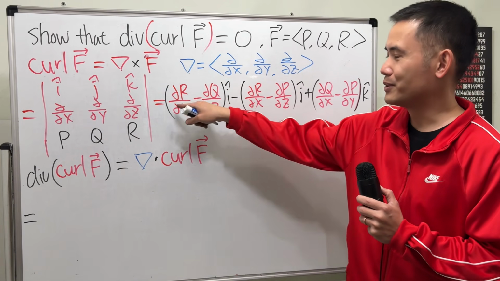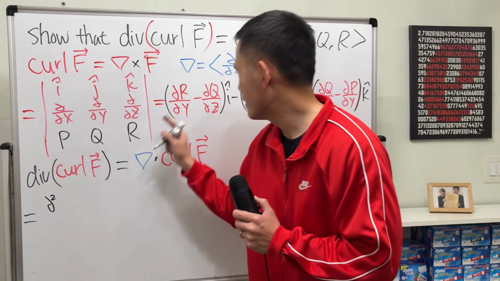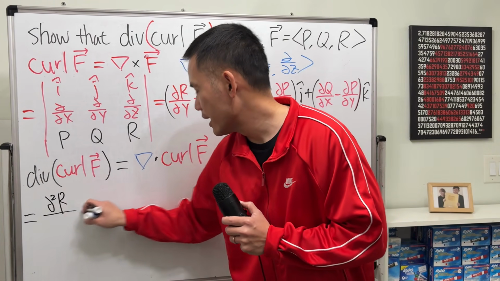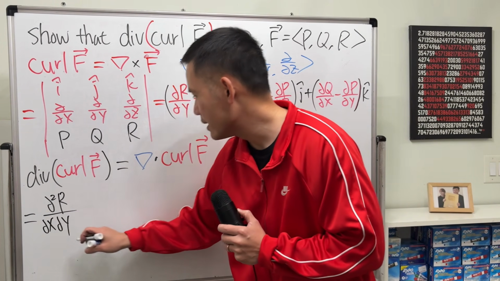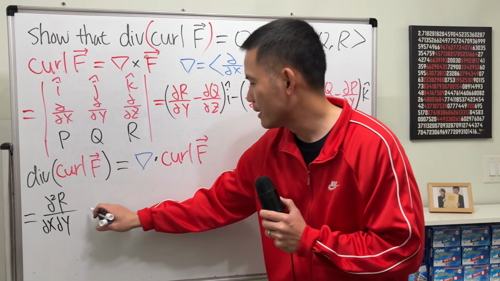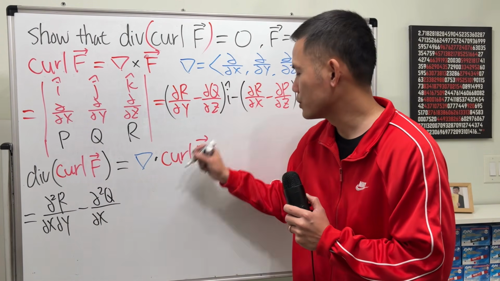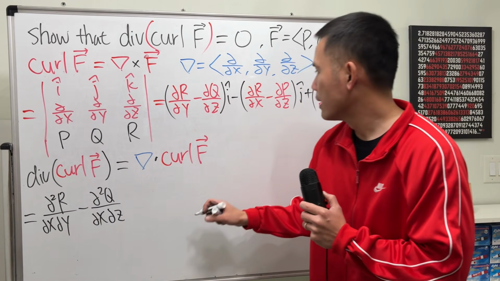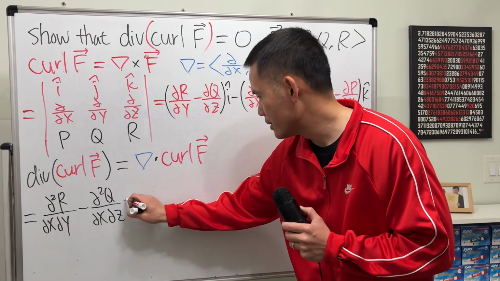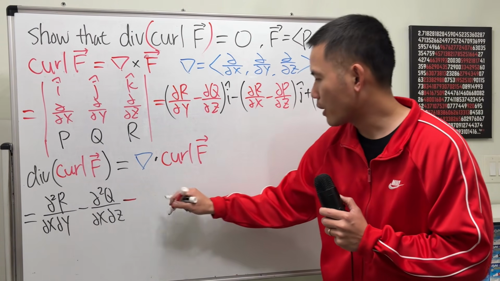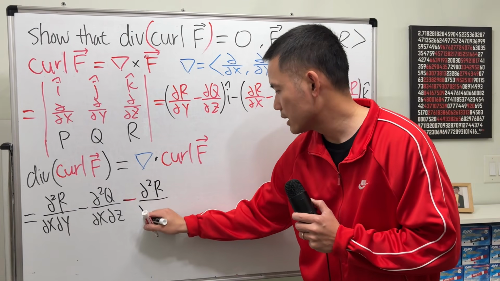Now this is just to take the partial derivative. So we will have partial squared R, and then I'm going to do that right here, partial x, partial y, and then we have minus partial squared Q, partial x, partial z. Now minus, and then partial squared R, partial y, partial x.